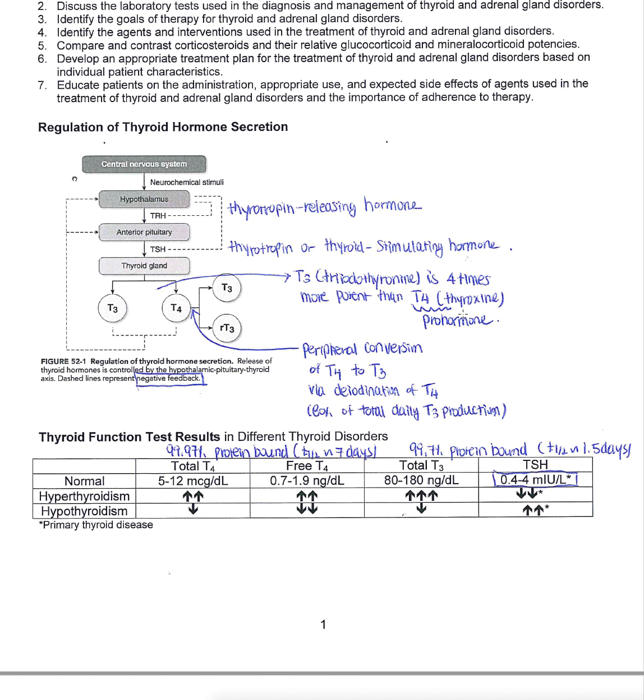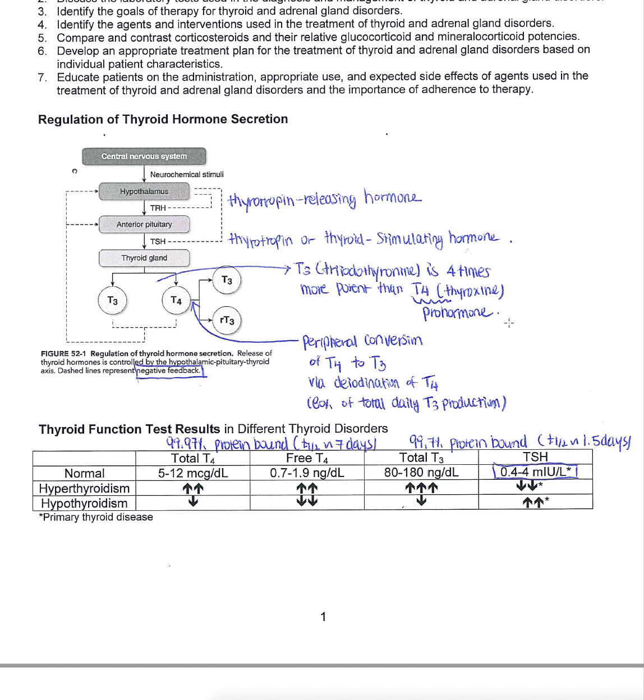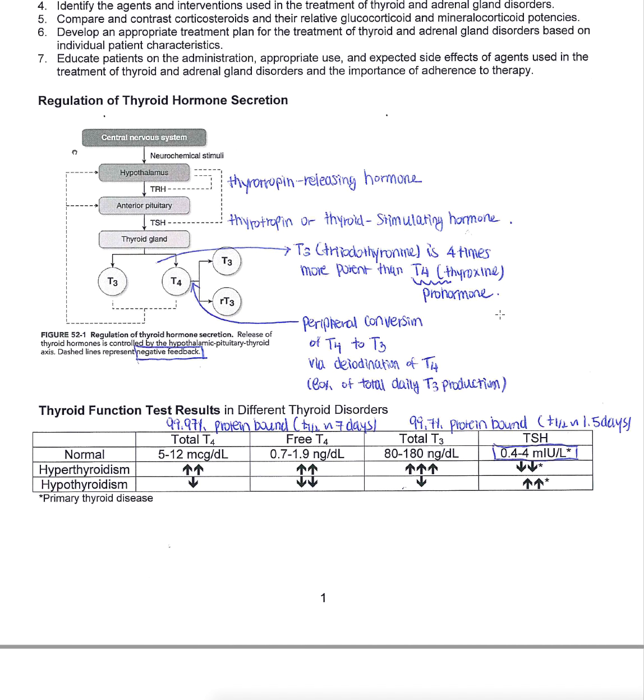T3 is the more potent active form of thyroid hormone, whereas T4 is considered a prohormone that is eventually converted to T3. 100% of T4 is made by the thyroid gland, whereas only 20% of T3 is made by the thyroid, as you can see on this diagram, and the remaining 80% of T3 is converted from T4 to T3 in the periphery. This is peripheral conversion of T4 to T3 via deiodination of T4, accounting for the majority of T3 we have in our body.